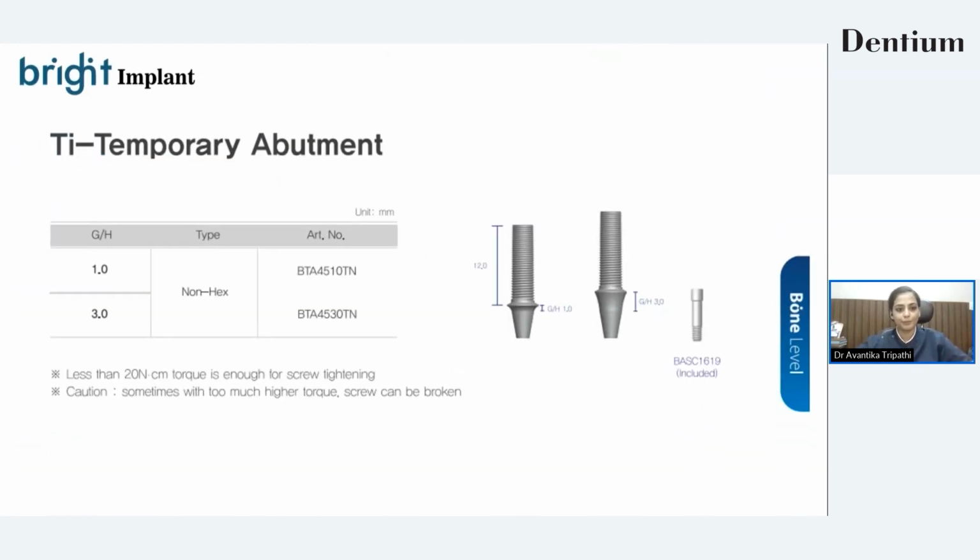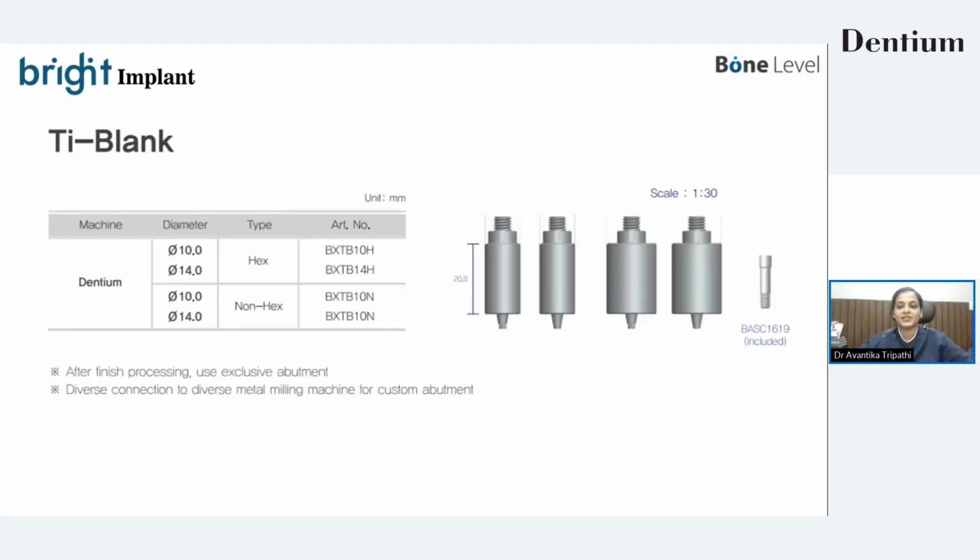And this is the temporary abutment. If you wish to give a temporary prosthesis to your patient, then you can use this titanium temporary abutment. Complete customization of the prosthesis can be done with the help of this TI blank. It is a titanium block which can be customized into any diameter, any shape, any angle according to the patient's requirement.